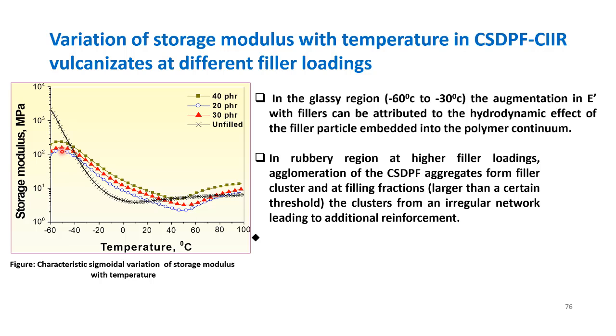This is attributed to the hydrodynamic effect of the filler particles embedded in the polymer matrix. At higher filler loading, agglomeration will occur, and at a filling fraction larger than a certain threshold, the clusters will form an irregular network leading to additional reinforcement.